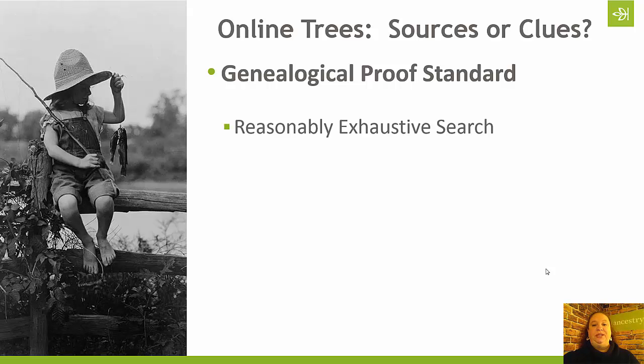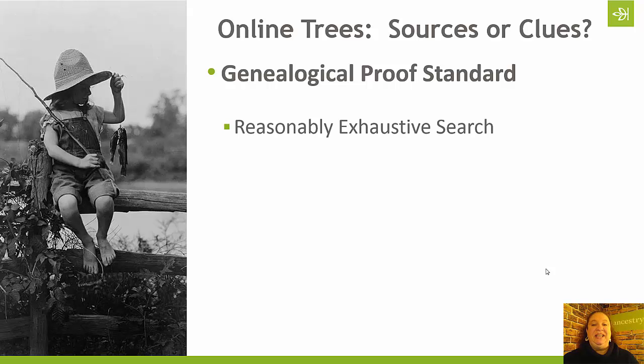The first step, of course, is a reasonably exhaustive search, which means that we are going to search whatever records we have available to collect information that we can analyze as evidence for what we put in our family trees.